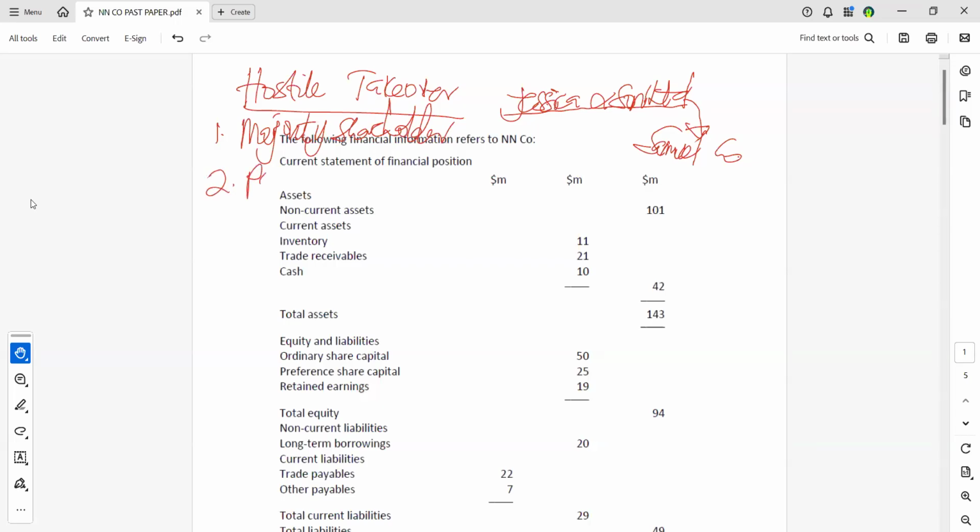2, we have something called poison pill. So when you talk about poison pill, it's one of the powerful defenses.